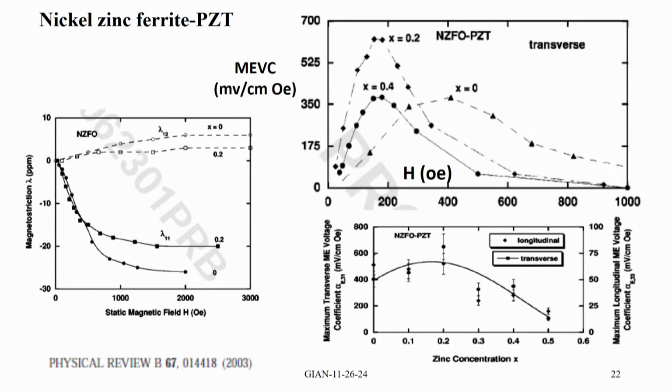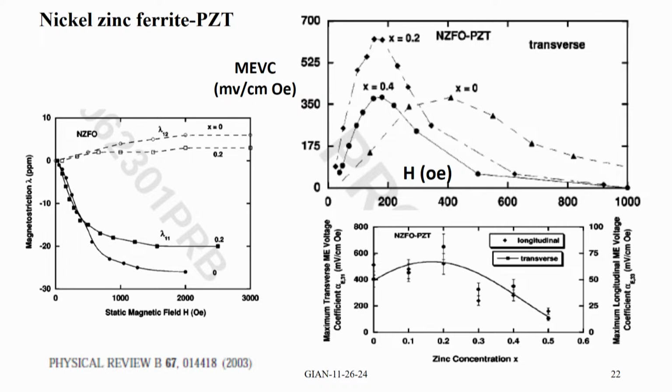As you see here, the best values are for zinc substitution of 0.2, and the maximum values are around 650 millivolts per centimeter Oersted.